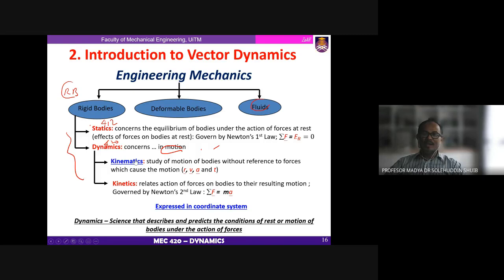The blue in color and red in color, you can see there, right? When we talk about kinematics, basically kinematics is the study of motion.